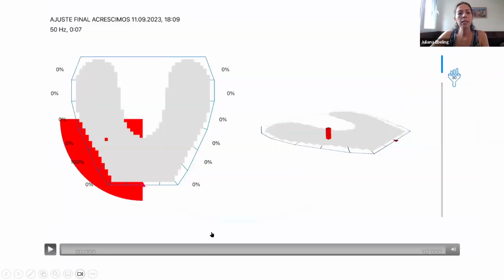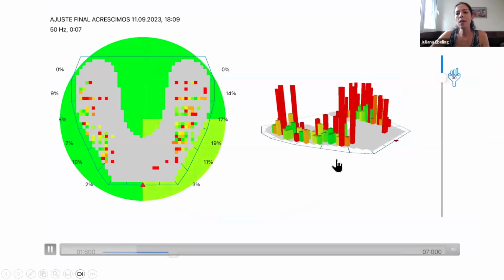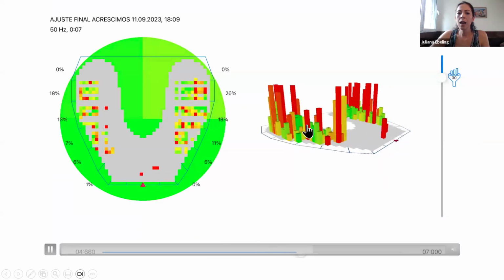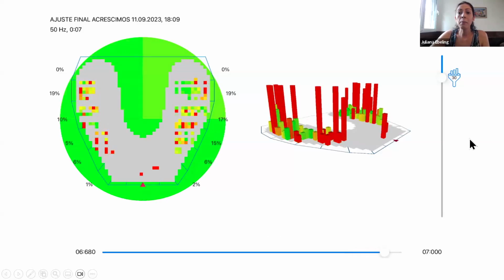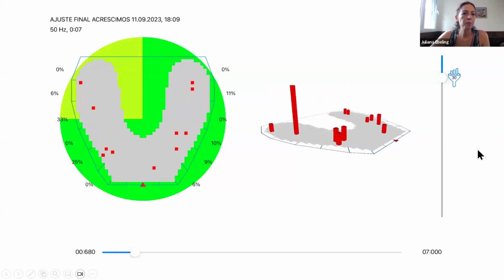This is the middle of the way of adding composites, and we have some gaps here, but we have a much better contact distribution at this moment.